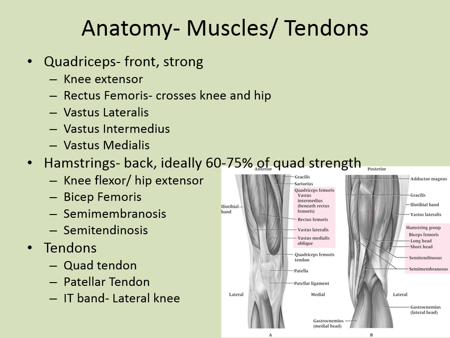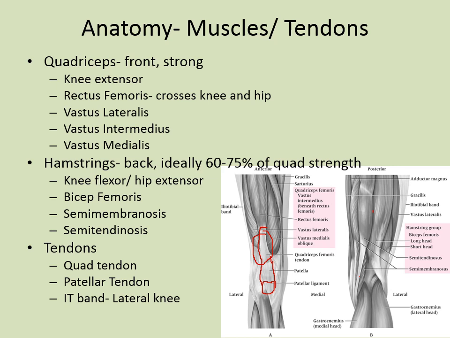As far as important tendons in the knee, we have our quad tendon, which is above the patella here. We have our patellar tendon, which is below the patella here. Sometimes people call this a patellar ligament, but technically the tendinous fibers from the quads run through the quad tendon, and you can see here they don't really get disrupted as they cover the patella, so they're pretty much continuous.